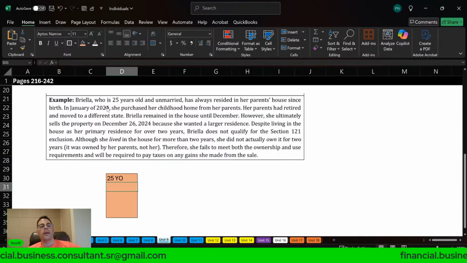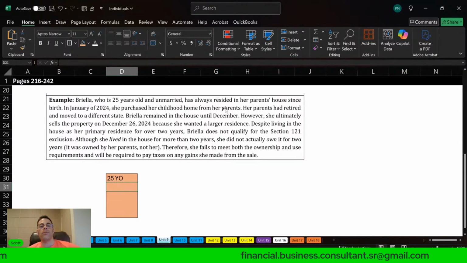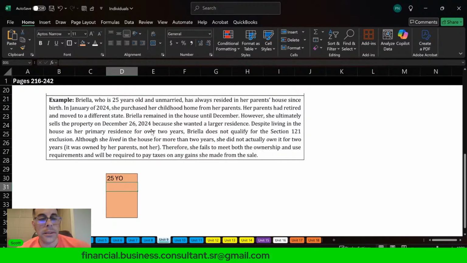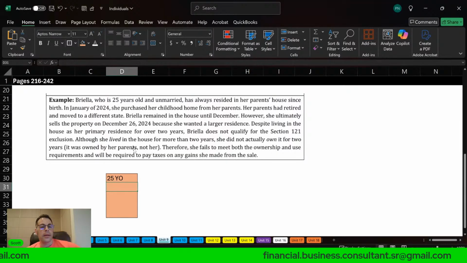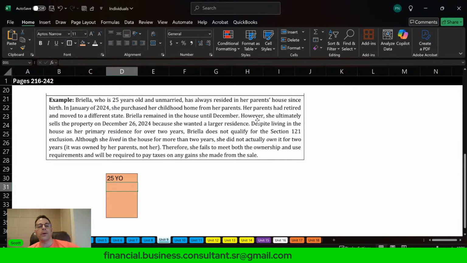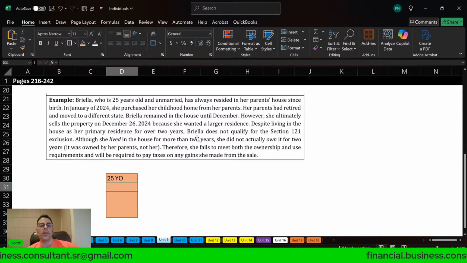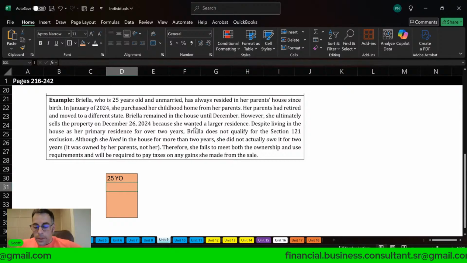And then last year in January 2024, she purchased the home from her parents because her parents wanted to retire and get a smaller place. And Briella remained in the house until the end of the year and sold it. But she doesn't meet the criteria of owning and living in the house for 24 months. So she can't get this tax deduction.